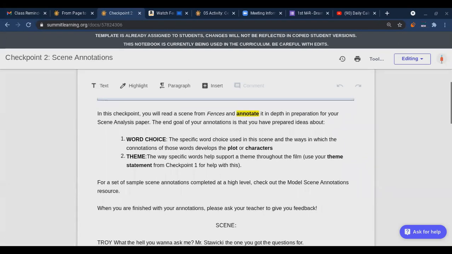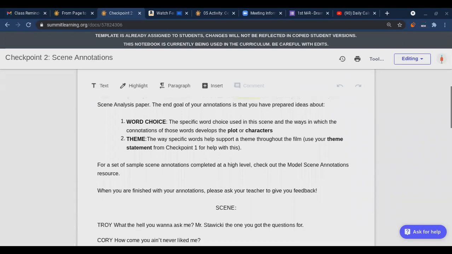Good, thank you, Quay. And then when we talk here about word choice, it says the specific word choice used in this scene and the ways in which the connotations of those words develop the plot or characters. This word connotations, what does that mean? Have we heard that word before? Do we recognize it? Know what it means? Can somebody tell me in the chat or come off mute what they think that might mean?